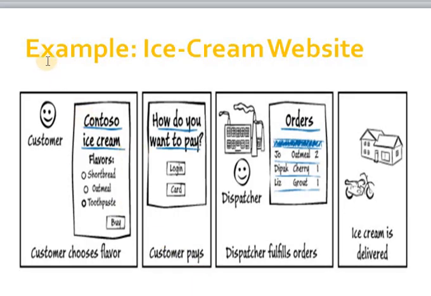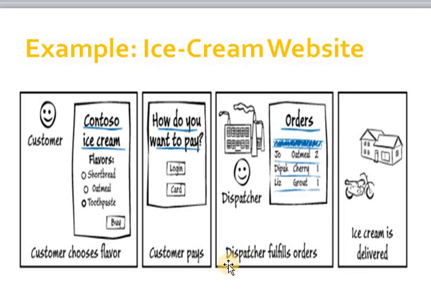So finally, here we have a storyboard for the ice cream website. In the first screen, or image, of the story, the customer chooses the flavor from the website. The second image shows that the customer pays for the order.